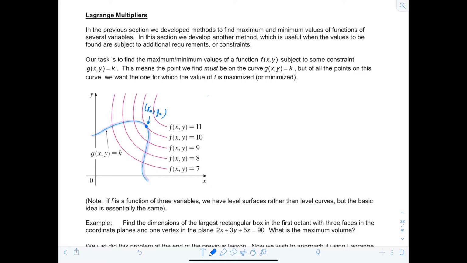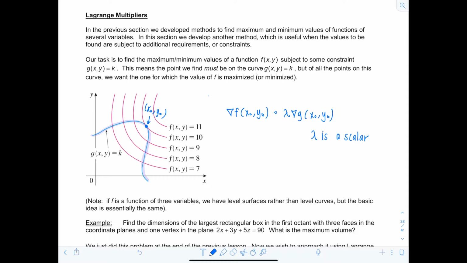Well, that tells me that the gradient of f at x naught, y naught is parallel, or it's equal to some constant multiple, which we'll call lambda, times the gradient of g at x naught, y naught. So lambda is a scalar. And that basically is what you do to set up the process of finding extreme values subject to some constraint equation when you use the method of Lagrange multipliers.